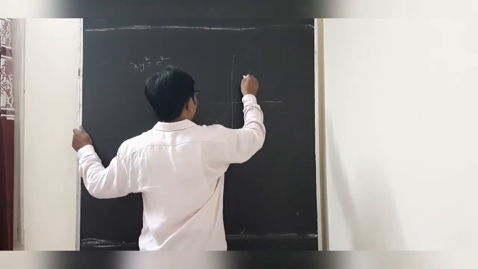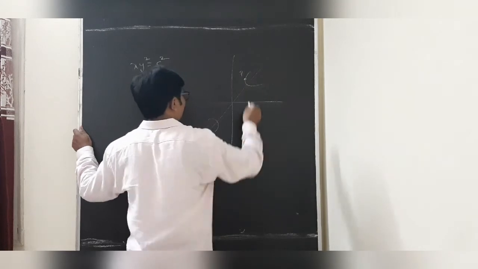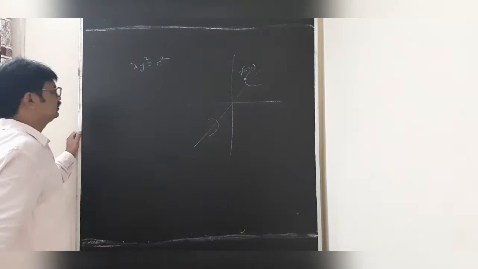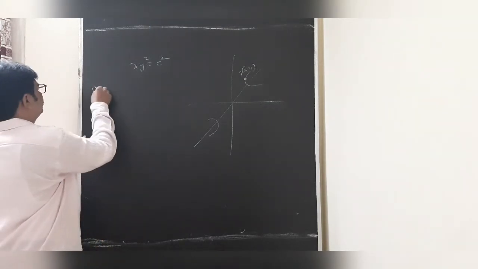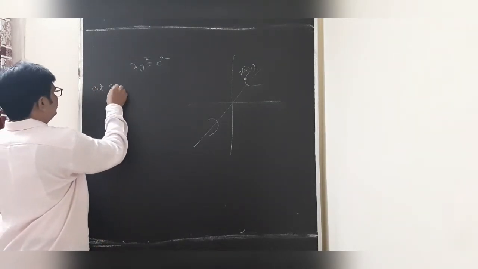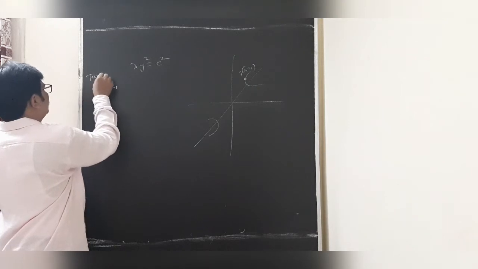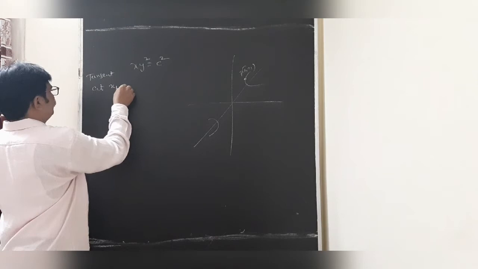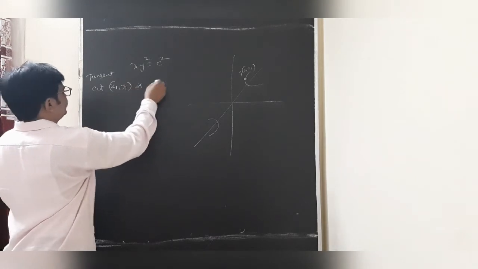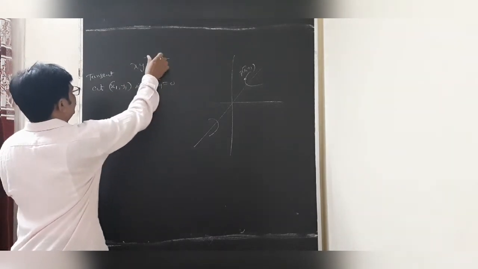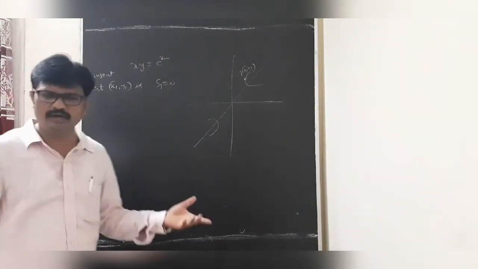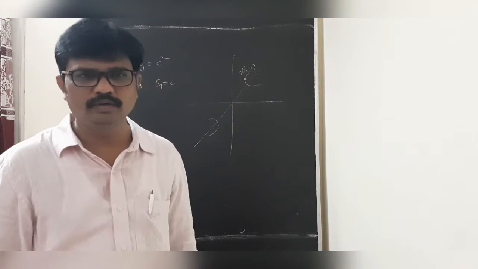So when we take a point P(x1, y1), dear students, the equation of the tangent at (x1, y1) is, we know, always S1 equal to 0.